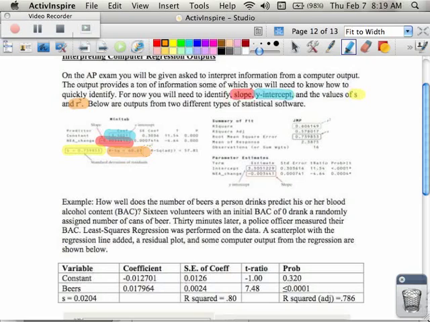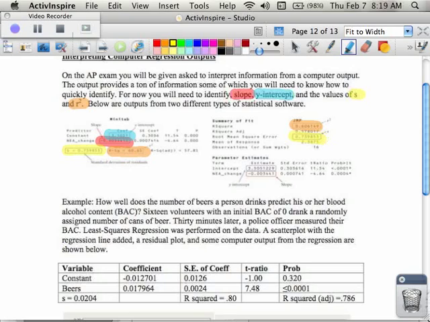On the other one, which they call JMP, this is another program. It was a free program for kids to use. The R squared, which was our orange stuff, was up here. And down below that is S, right? So S is right below it. Like skip one, it's right there.